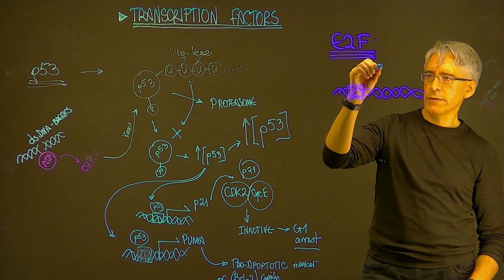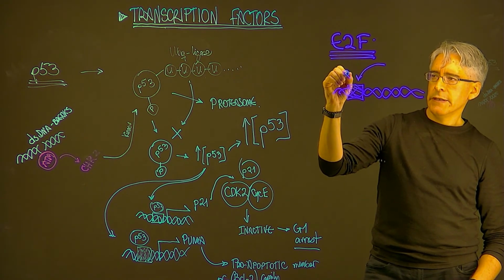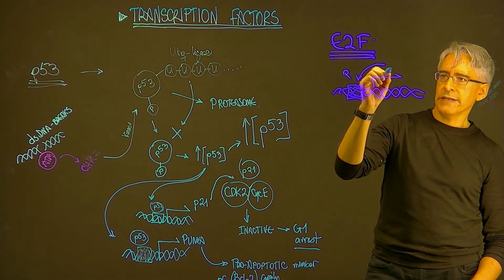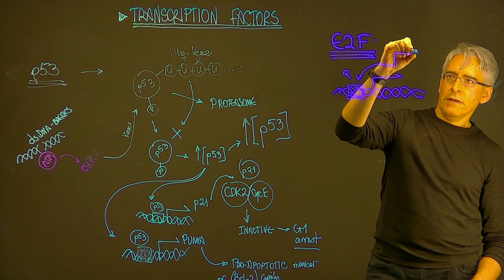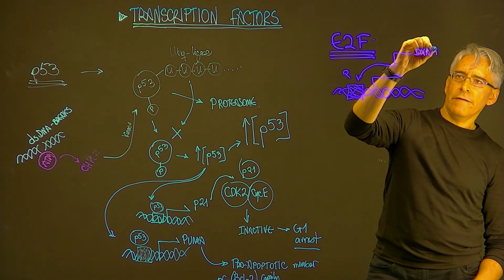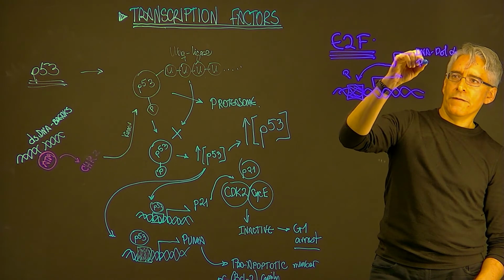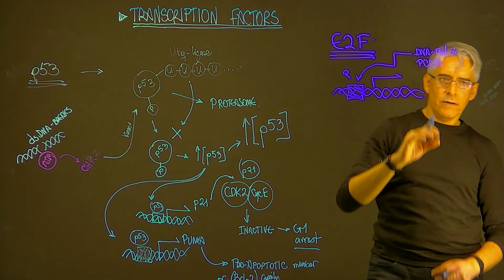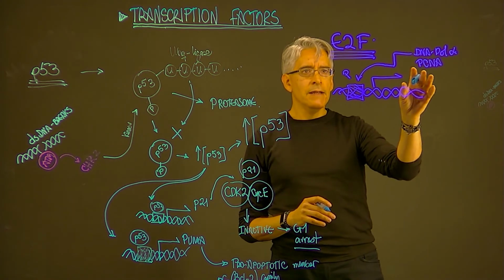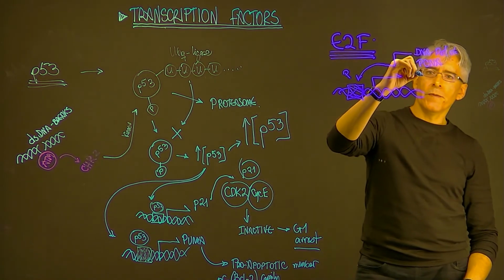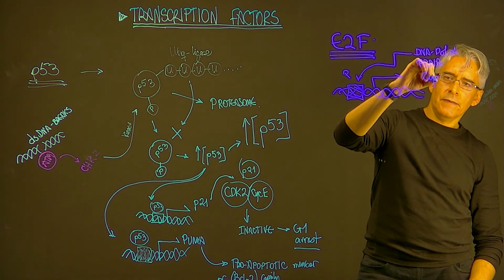So it binds to promoters that include the genes that code for DNA polymerase alpha, proliferating cell nuclear antigen, or PCNA, and it also has the ability to bind to a promoter for cyclin E.